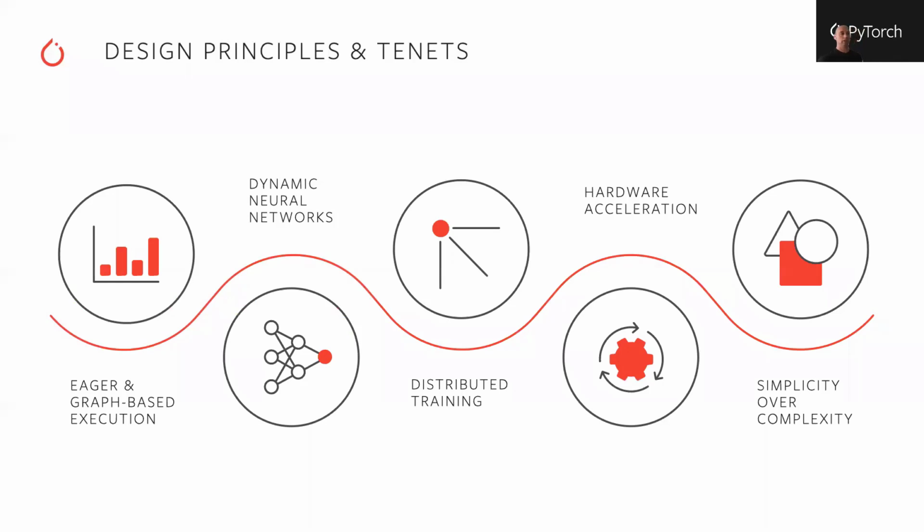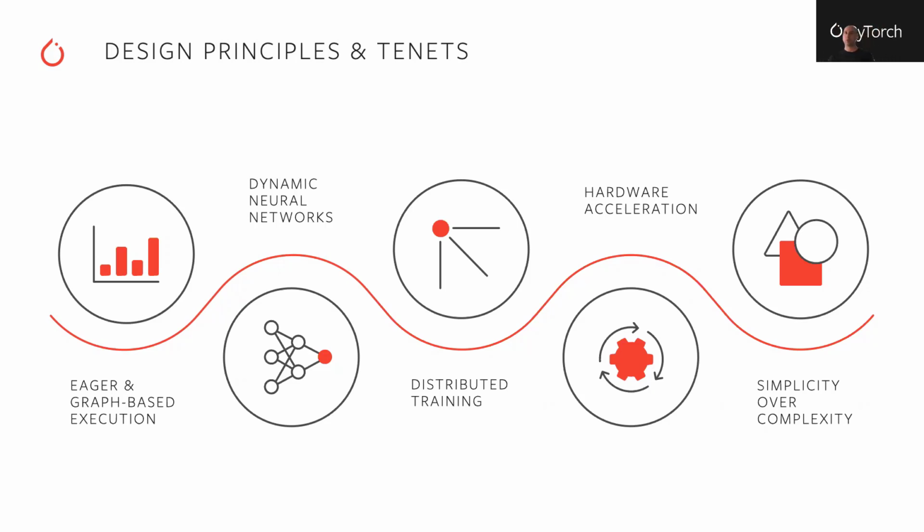But we know we need to get into a graph at some point when you want to move into some type of scale. We also know that the world is more dynamic these days. We've seen this the last few years with control flow and variable length data, and really this isn't a feed forward static world. Things are very dynamic, and we want PyTorch to be able to enable that.